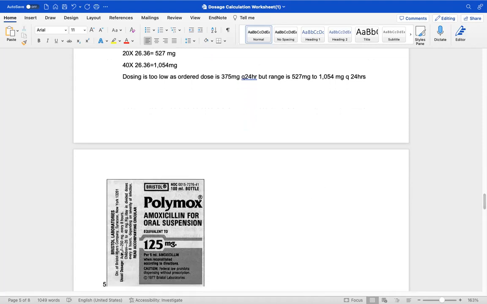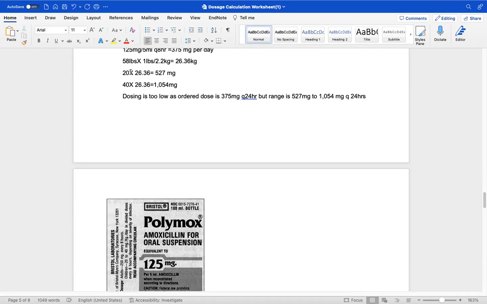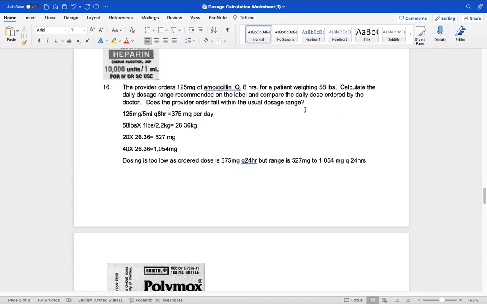For children, it says 20 to 40 mg per kg a day in divided doses. So if we take that 20 mg per kg, multiply it by the kilograms that we got, that gives us 527 milligrams. Then we take that 40 recommended dose on the high end, that gives us 1,054 milligrams.